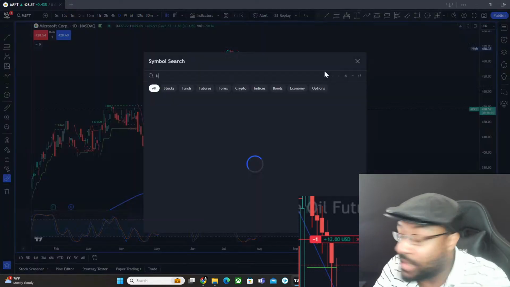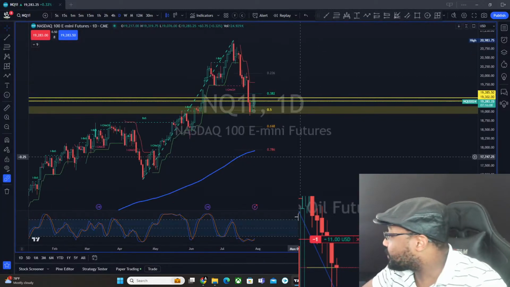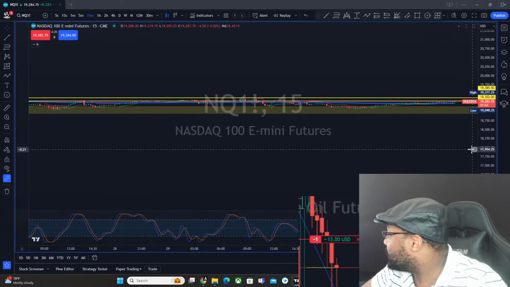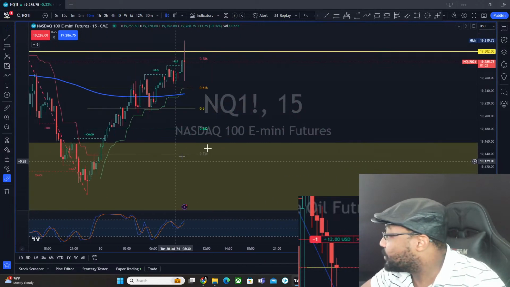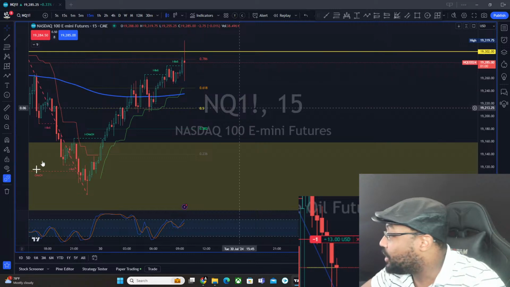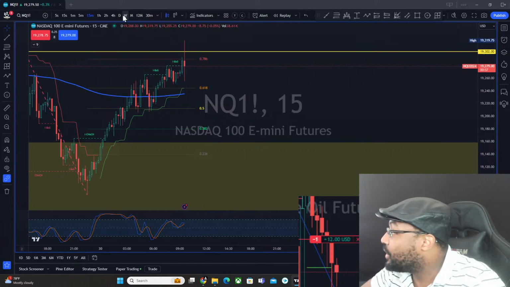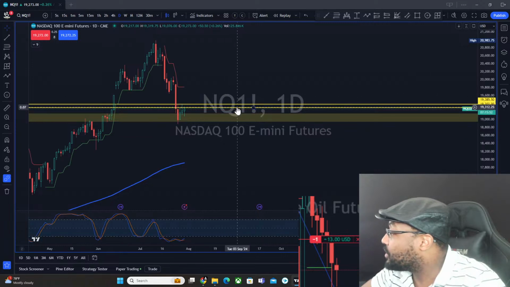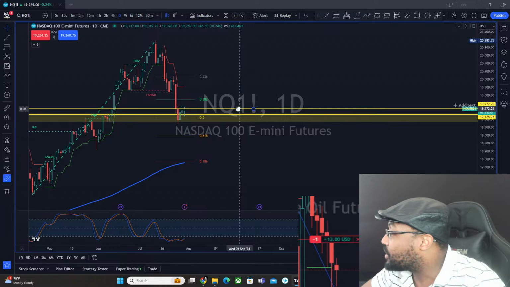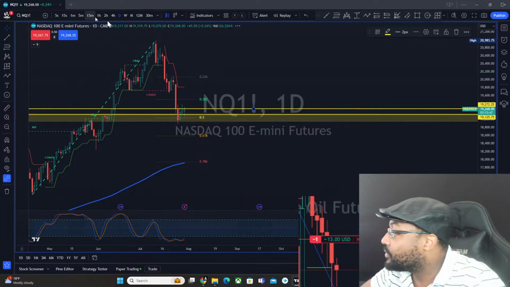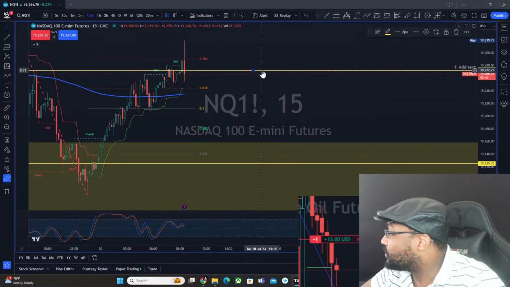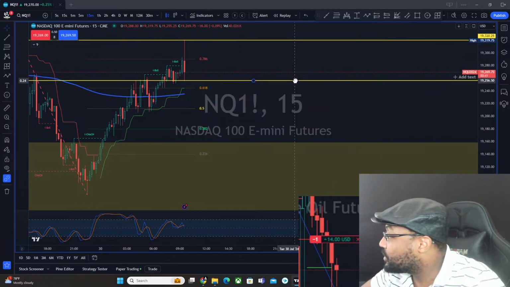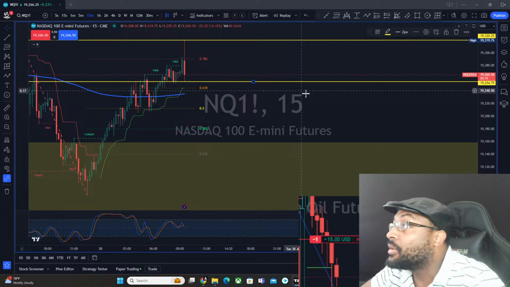All right, back to NQ. All right, here we go. Interesting doji. What did I draw out? Got a whole entire order block sheet. You know what? Let me just grab this and bring this down. I'm going to use this and this. I think that's what I'm going to go with.